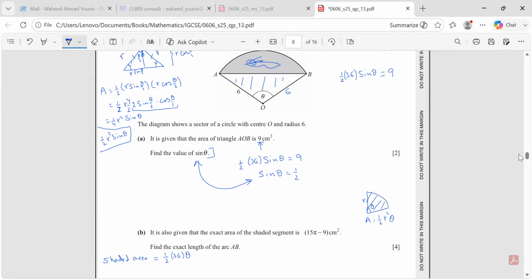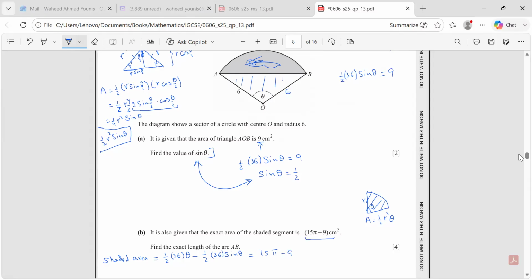Theta is in radians. This is the area of the whole sector. From this, I subtract the area of the triangle, which is half r square into sine theta. This whole thing is given as 15 pi minus 9.